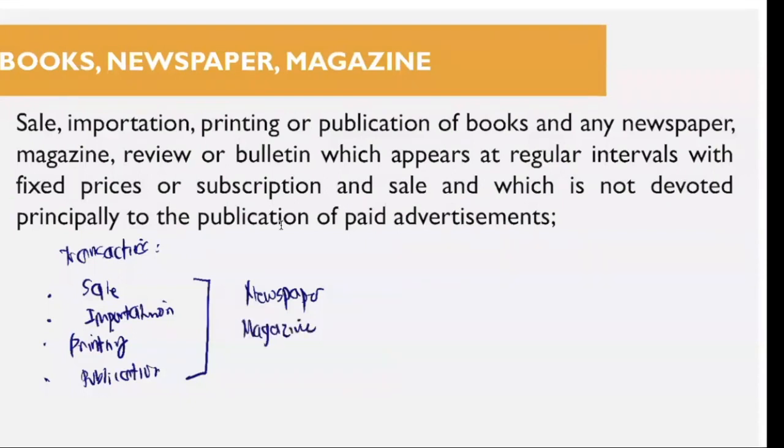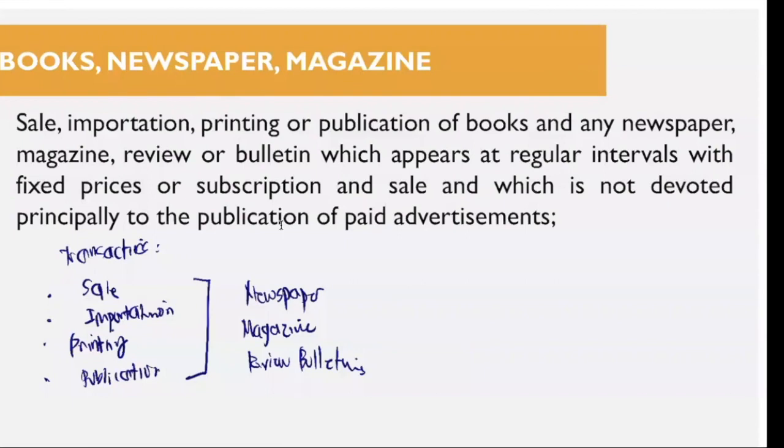If you are a seller of magazine, you import magazine, you print magazine, or you publish magazine, you are also exempt. Next, review bulletins. If you are selling review bulletins, you import review bulletins, you print review bulletins, or you publish review bulletins, you are considered exempt. That is the general rule.